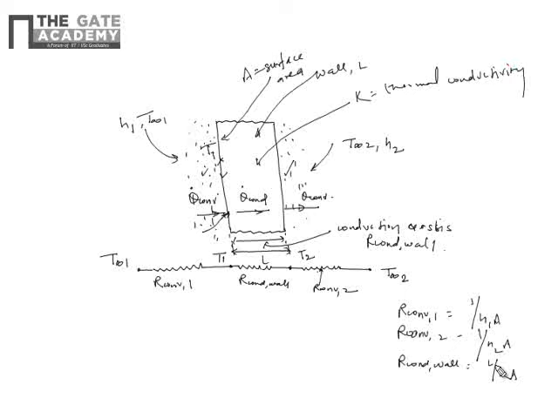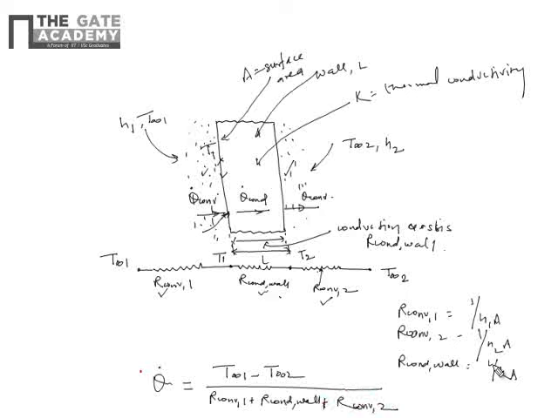So if we want to get the amount of heat that is flowing through this wall, if we know the resistances, convection and conduction resistance of this arrangement, and we know the fluid temperature on both sides, this can be given as T∞1 minus T∞2 upon R convection 1 plus R conduction wall plus R convection 2.